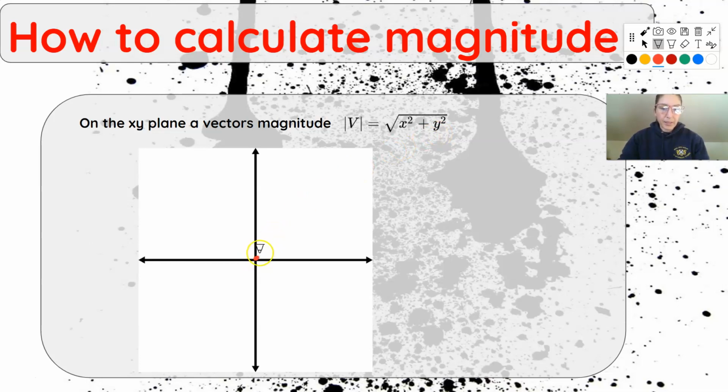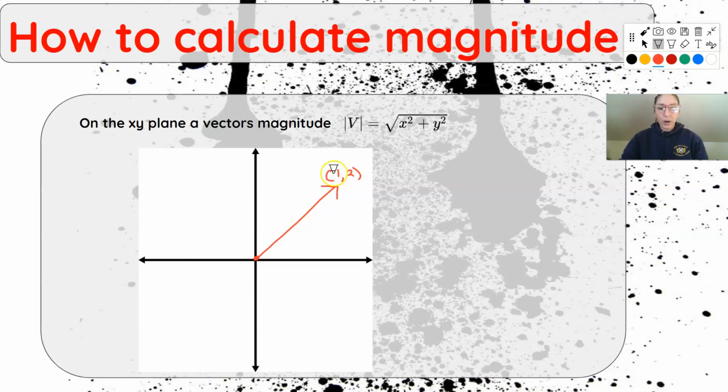So for instance, if I have a vector that goes from the origin, here's my vector, right? We can see the direction. And I say that on the xy plane, this vector is ending at the point maybe 1, 2, right? Then for those of you who know trigonometry, this is similar. In trig, we would say, hey, that's r, the radius.